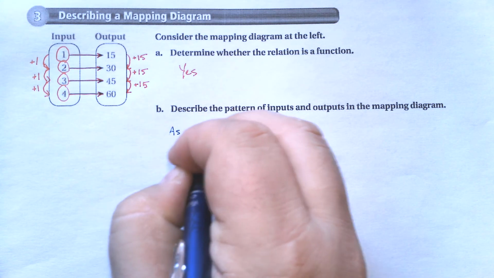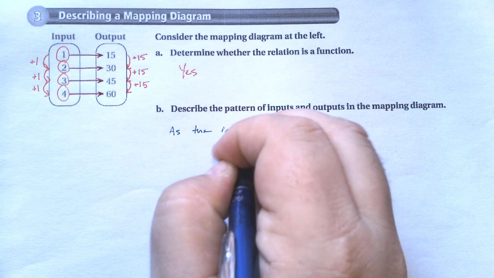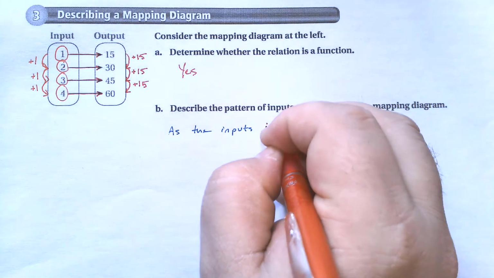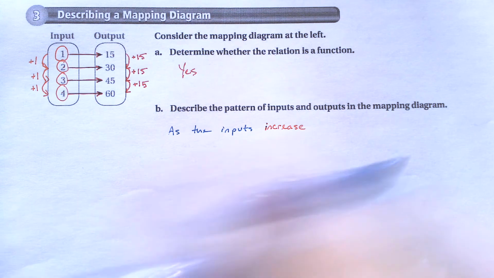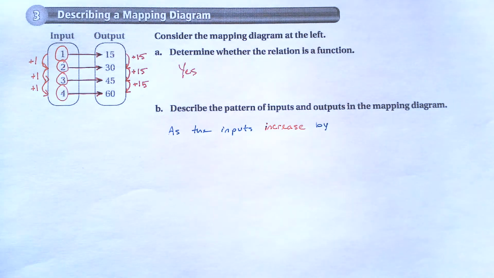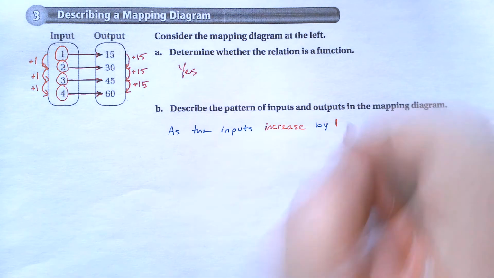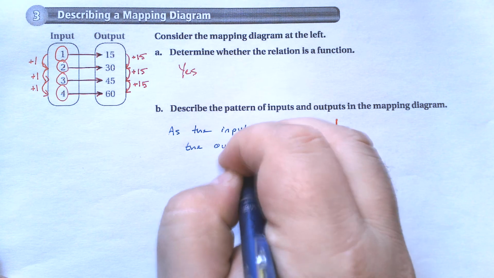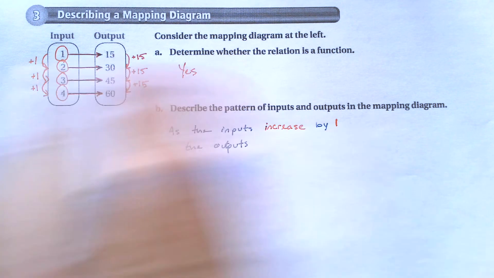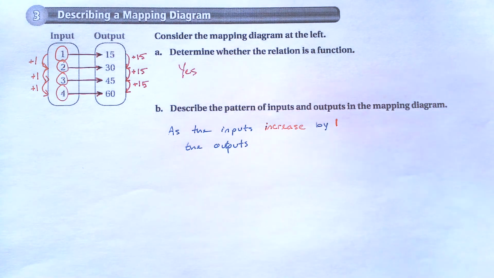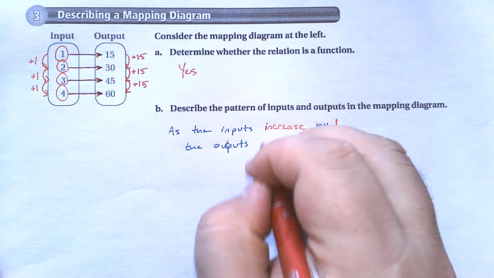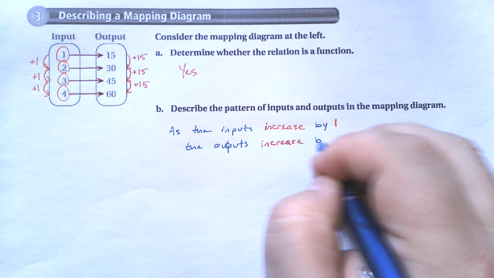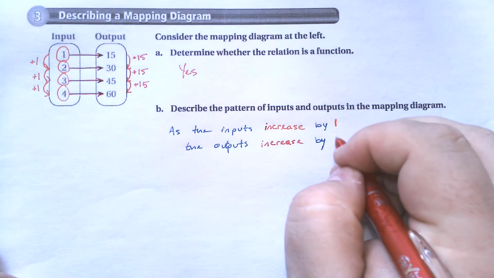So as the inputs increase by 1, the outputs, and I need to change that to be color coordinated, increase by 15.